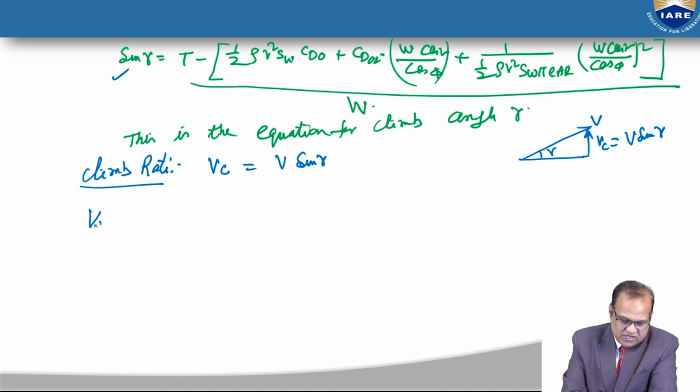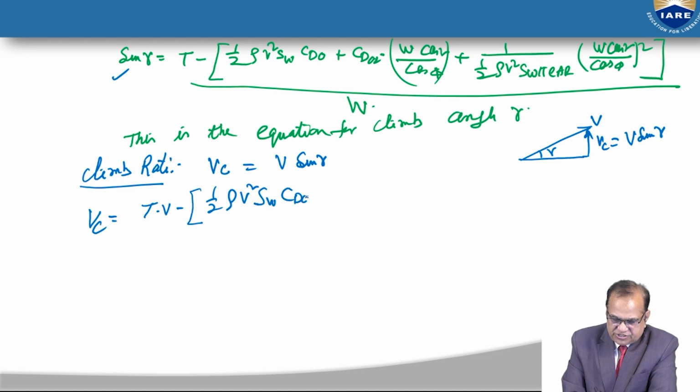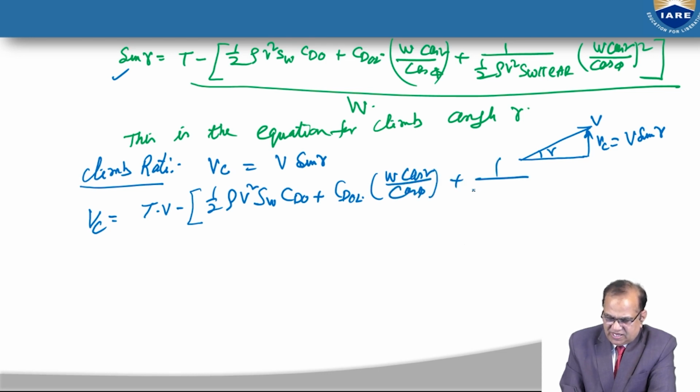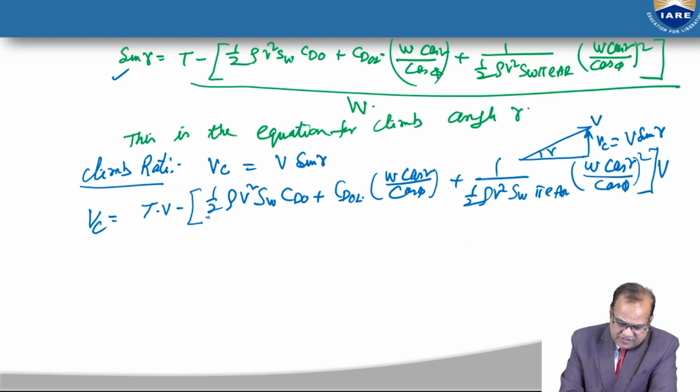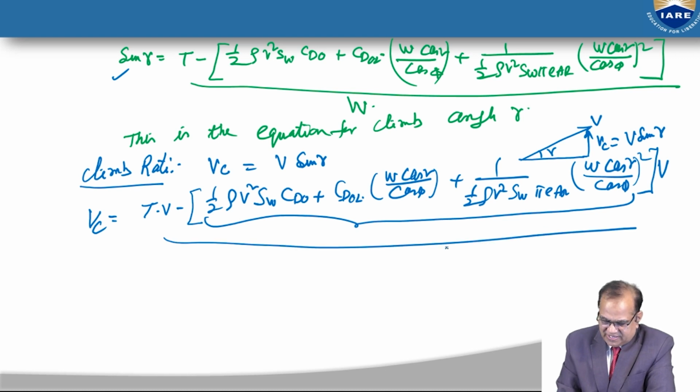So here we will get VC is equal to T into V minus half rho V square SW CD naught plus CD naught L W cos gamma by cos phi, plus 1 by half rho V square SW pi E aspect ratio, W cos gamma by cos phi whole square, into V. And whole divided by W, and this is the PR into this.